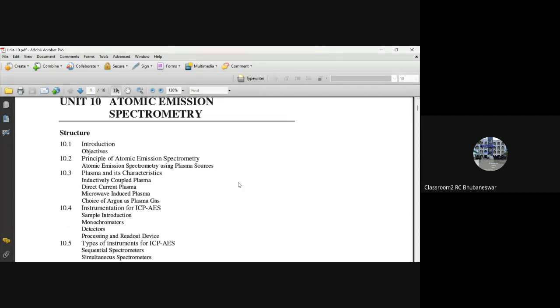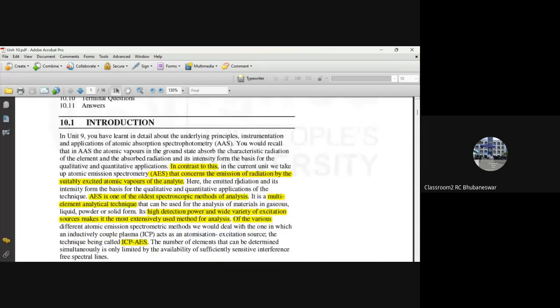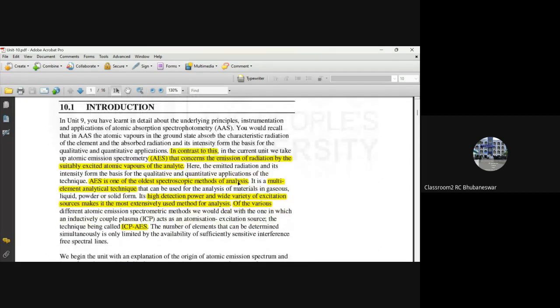So coming to atomic emission spectroscopy, in this unit you will have a feeling the same as your atomic absorption spectrometry and flame photometry. But here we'll be using some different technique.